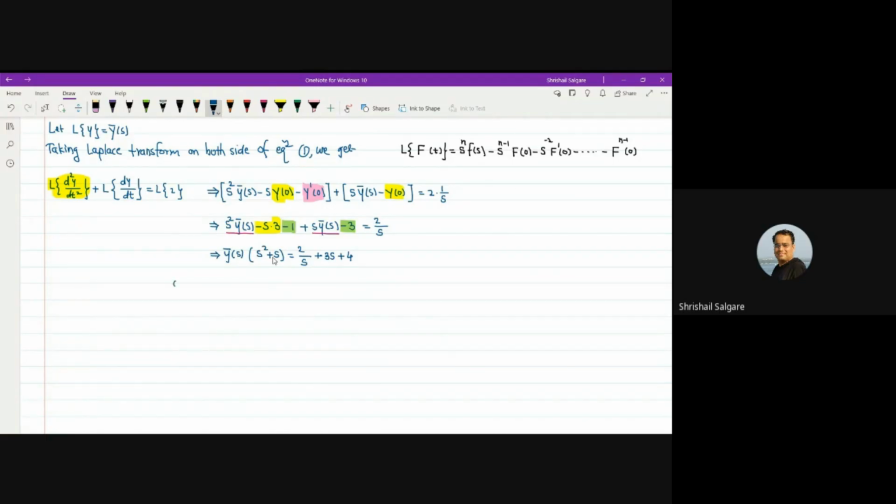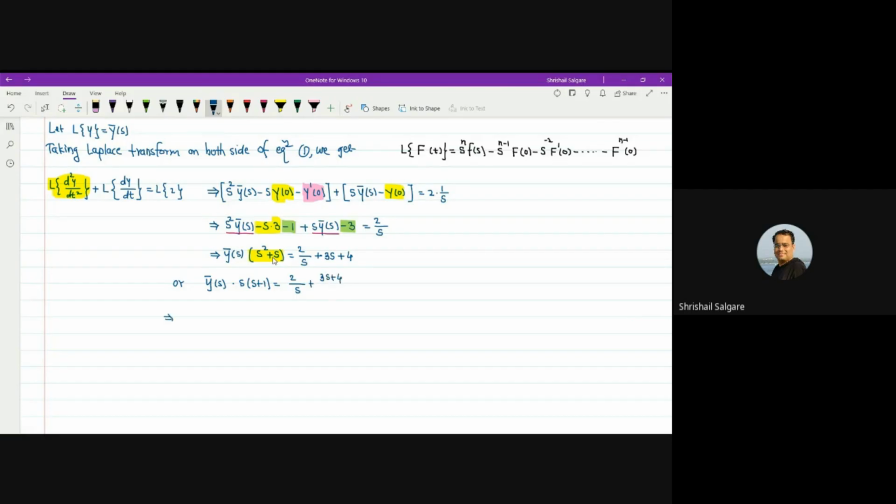The same equation I will write: y bar of s, or simply you can write y bar also, in brackets s, meaning it is a function of s. From the second bracket I will take s as common. So s into s plus 1 equal to 2 upon s plus 3s plus 4.